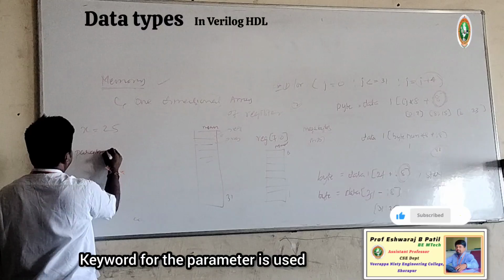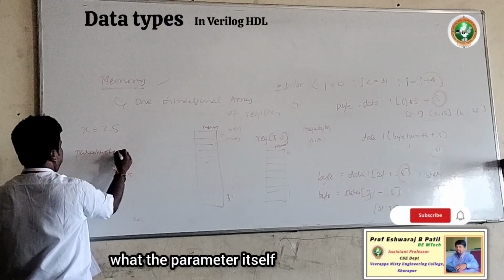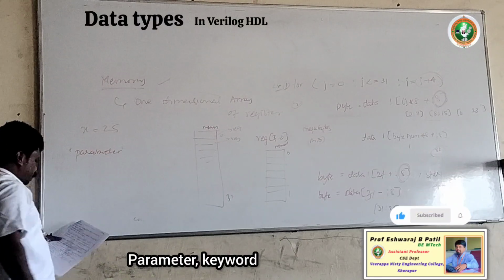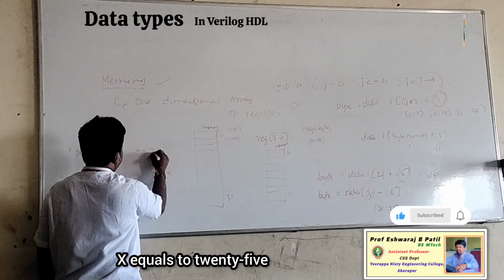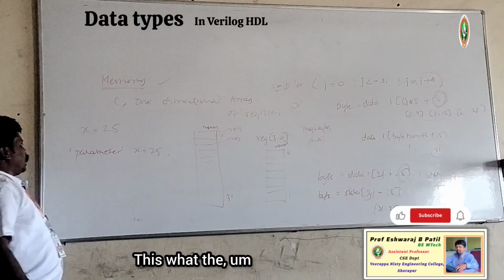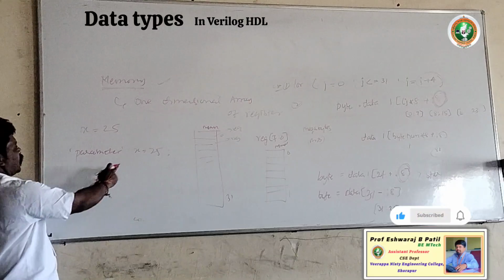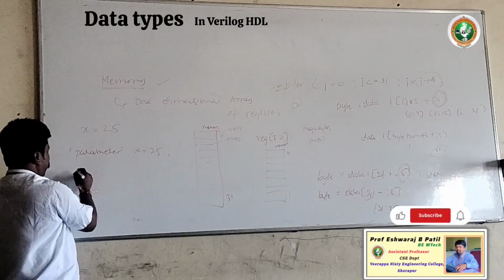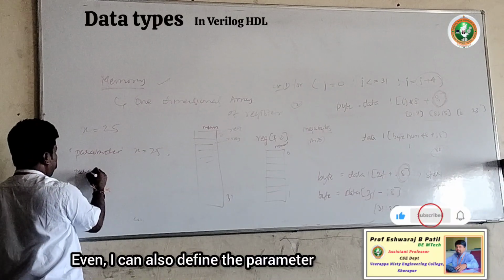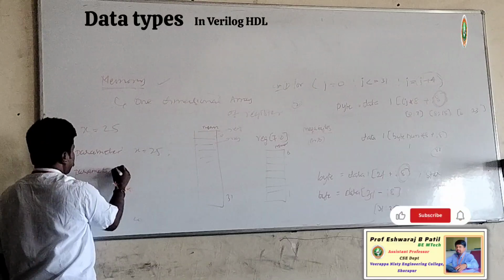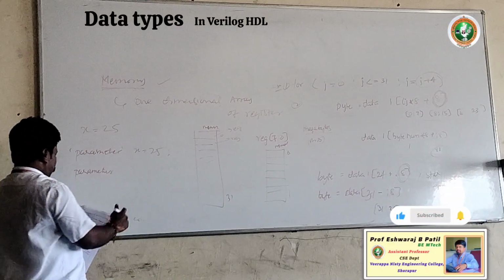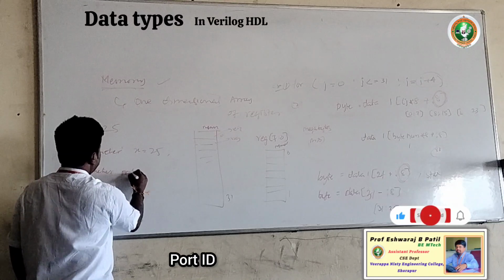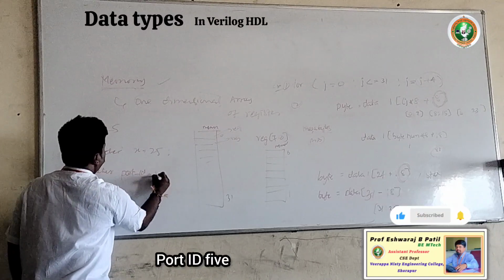The keyword for the parameter is used for the parameter itself. Which keyword do we use? We use the parameter keyword. Parameter x equals 25. This is the parameter type. This is a variable, x equals 25. Even I can also define the parameter port ID 5.